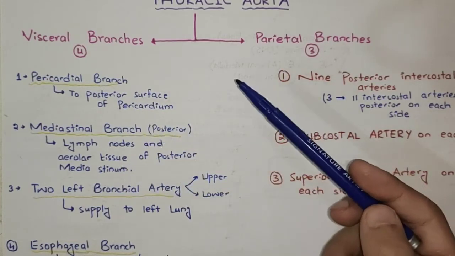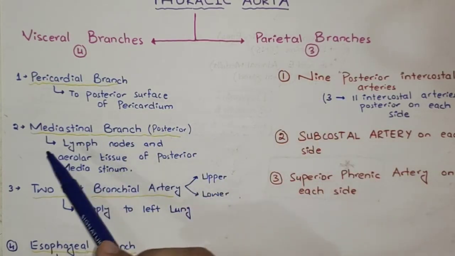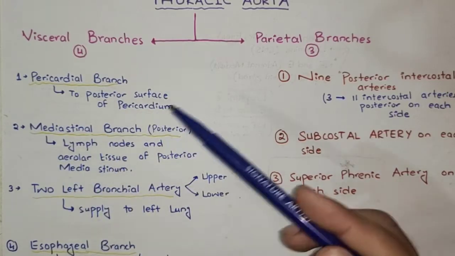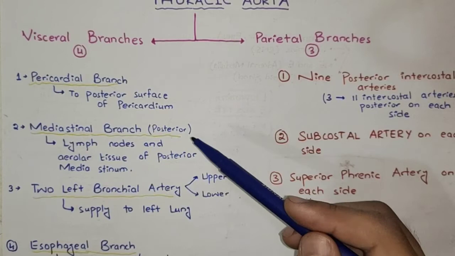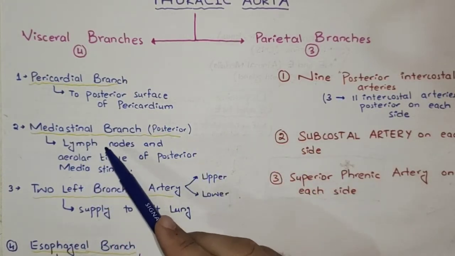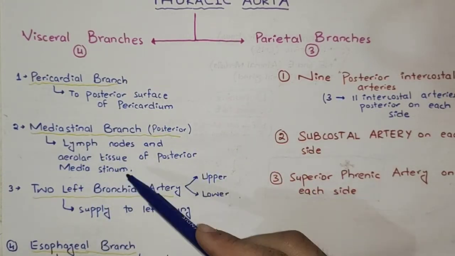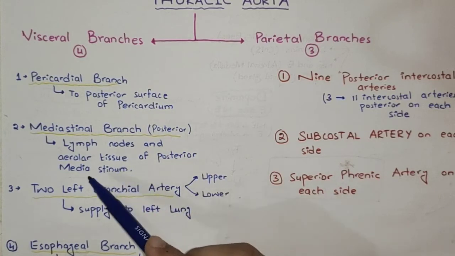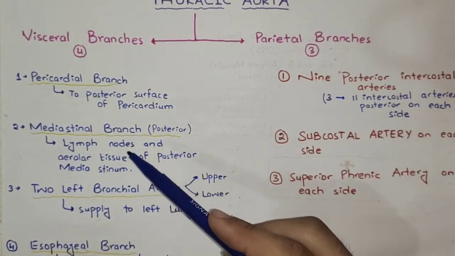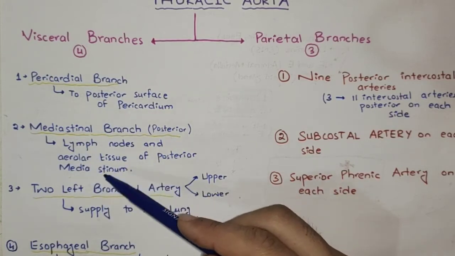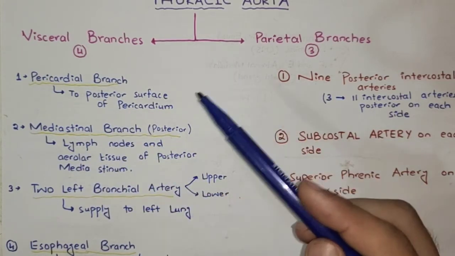So which mediastinum will it supply? Mediastinal branch will supply the posterior mediastinum. What content will it supply in the posterior mediastinum? It is the lymph nodes and the areolar tissue of the posterior mediastinum. It is the mediastinal branch, a direct branch of the thoracic aorta.